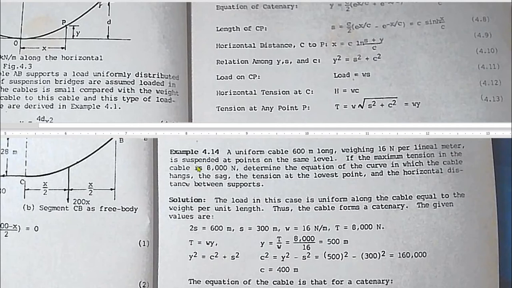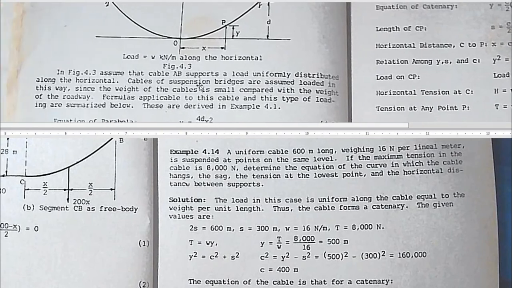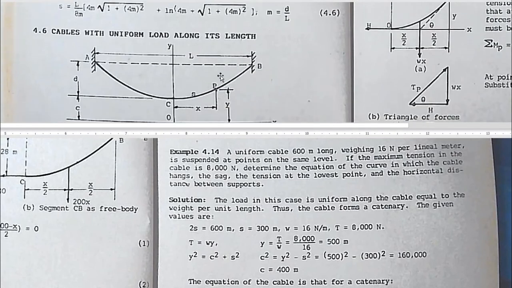Next, determine the equation of the curve which the cable hangs, the sag. Yung sag naman, that is the distance from this AB hanggang dito sa C. Let's say that is letter D. Okay, yan yung sag.